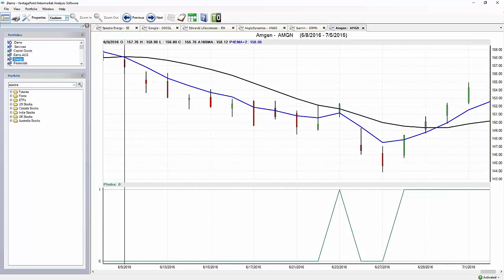Instead of scanning chart after chart after chart looking at these crossovers, because I trade literally hundreds and hundreds of stocks, right? You're not going to have to scan through every single chart looking for an opportunity. The software is going to scan through all of that for you and only present you with the opportunities that are doing that right there. So you can go ahead and set the software to find and identify those opportunities for you.